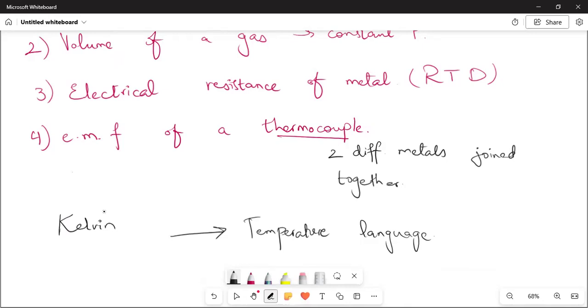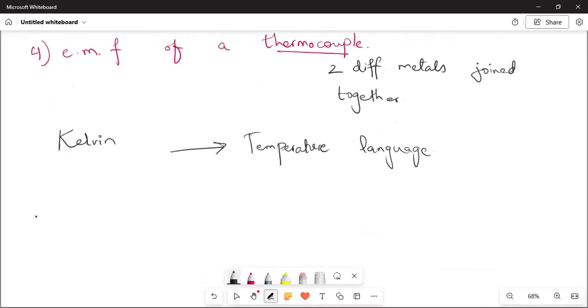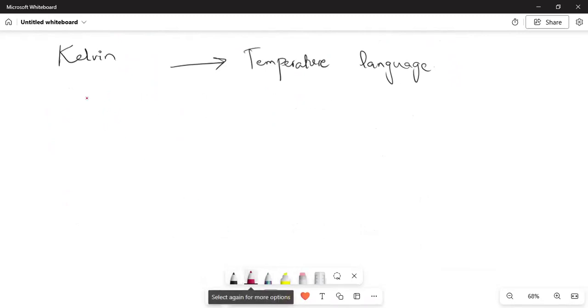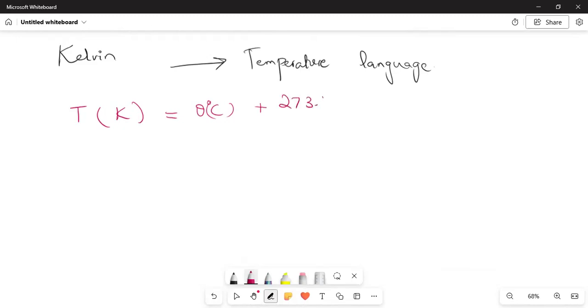The Kelvin scale is based on fundamental physics laws, not on the behavior of a specific substance. And there are some conversions that you need to know for your syllabus. If temperature is given to you in degree Celsius, you can convert it into Kelvin by adding 273.15 to it.